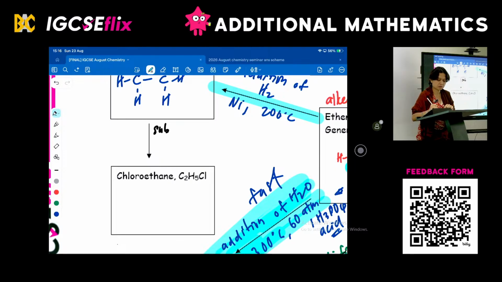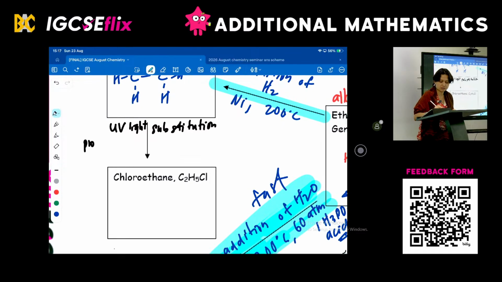Okay, this one from alkane to this, what is this called? Substitution. Okay, substitution uses UV light, right? The question they ask you is, why do you need a UV light? Because teacher asked me memorize need UV light. Why need UV light? UV light is to provide what? Activation energy. Very good.